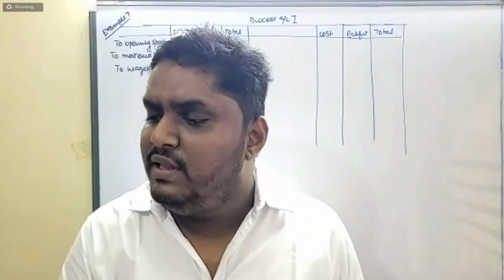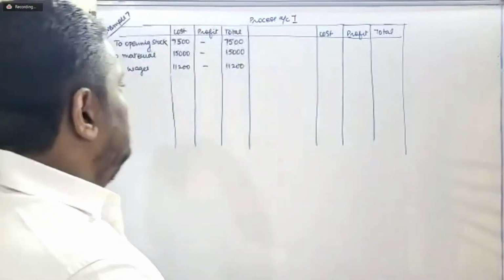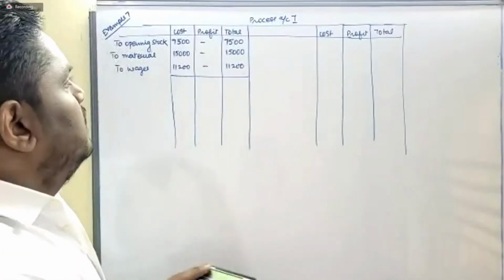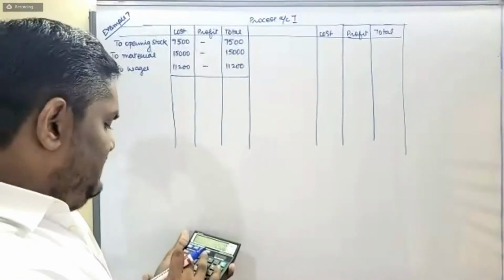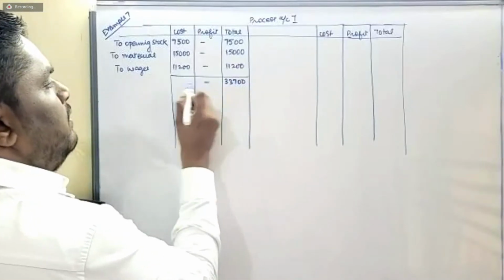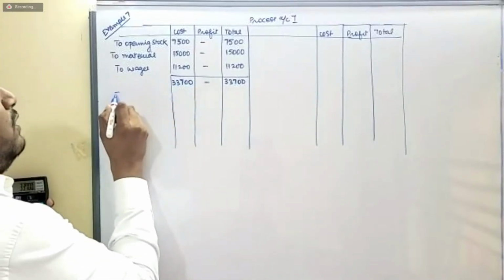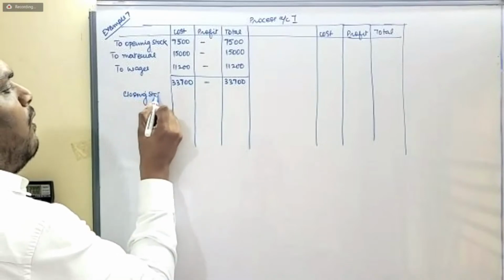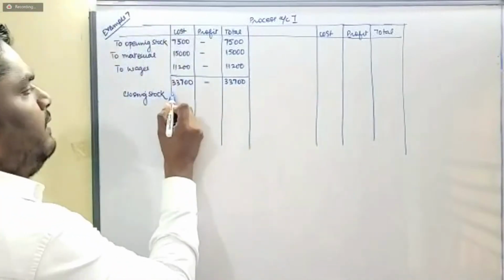It is given in the question that the closing stock of a particular process is valued at prime cost. So we'll put the total here itself. That is 7,500 plus 15,000 plus 11,200. So this will be 33,700. We'll subtract closing stock. Here my closing stock is 3,700.